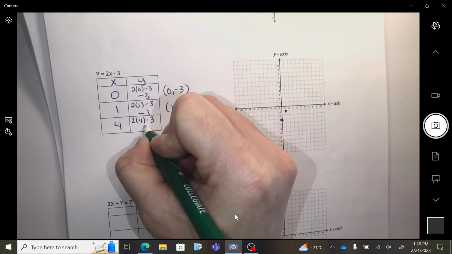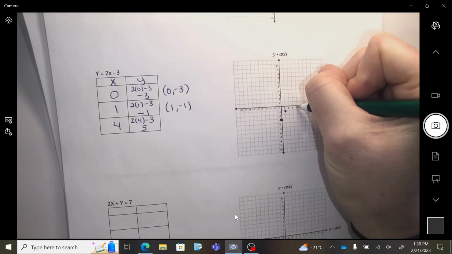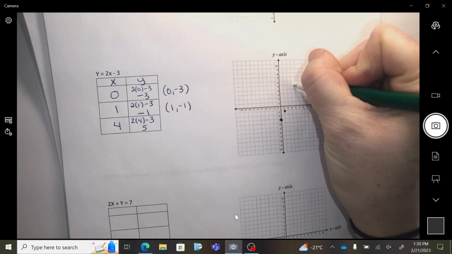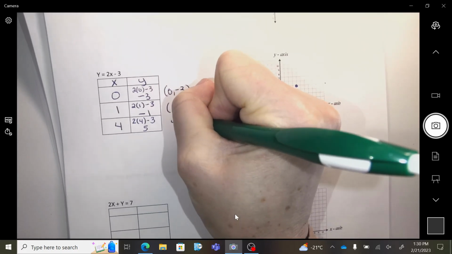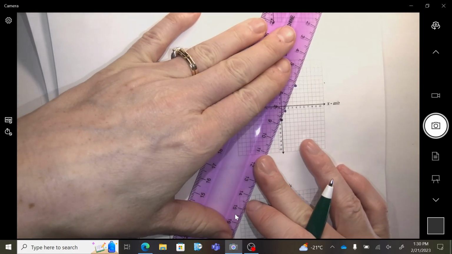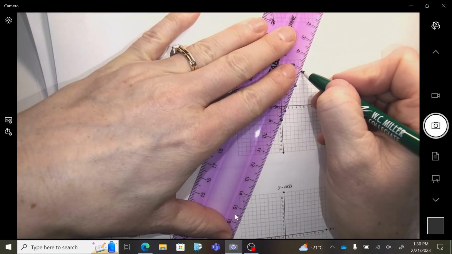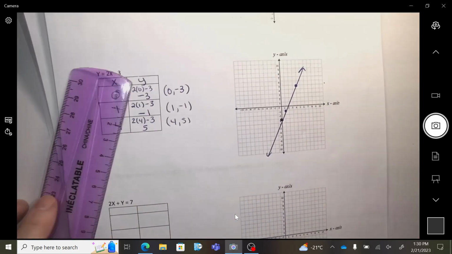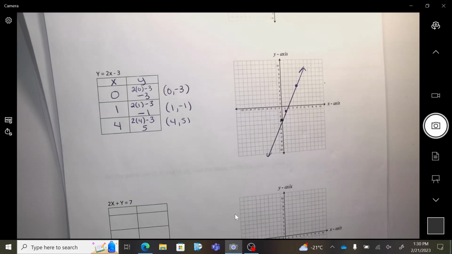Subtract 3 is 5. So 4, comma 5. Do those 3 points look like they are forming a line? They should. Whoops, I drew it off. And there we go. That's our line.